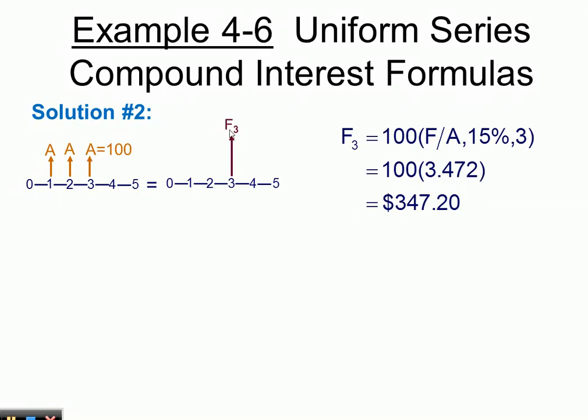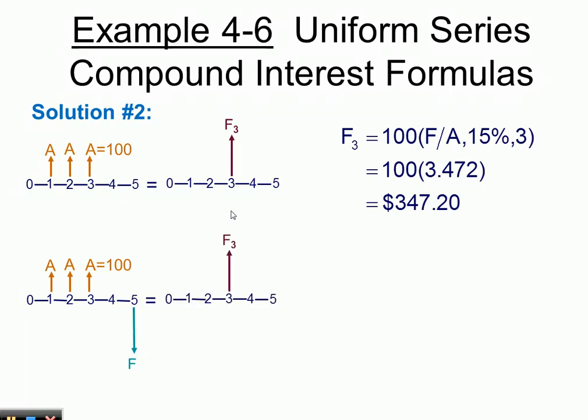However, it's not at year 5. We want it at year 5. We have it at year 3. So we still need to move from F3 to year 5. But compared to 5, F3 is just in the past, or more as a present sum of money. So that's exactly what we would have in that case.